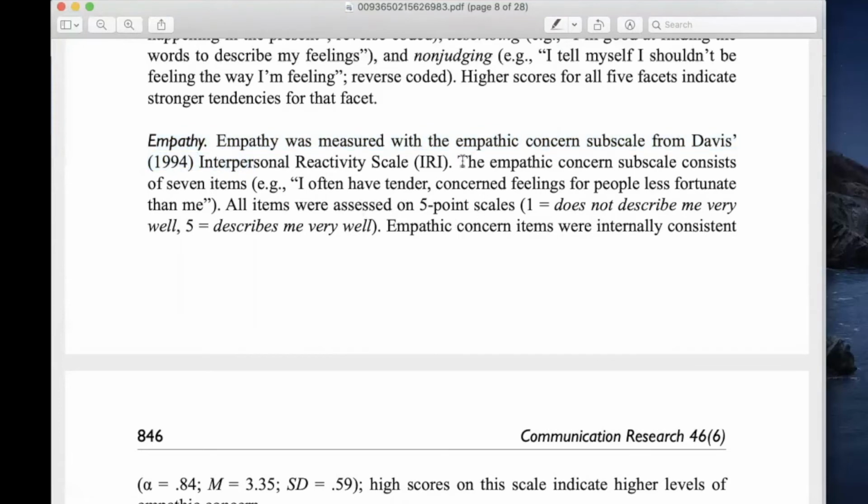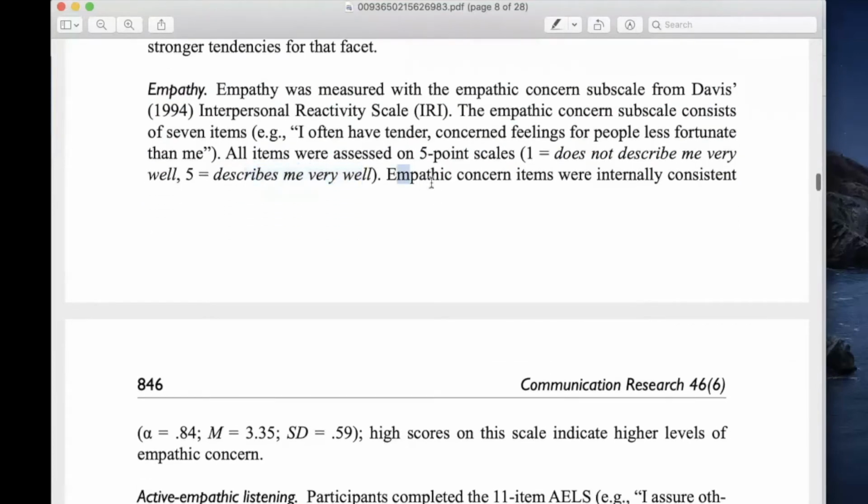Then it says how many items are in the scale. The empathetic concern subscale consists of 7 items. It gives an example of an item or two. And then it says all items were assessed on 5-point scales, and you list the anchors: 1, does not describe me very well, to 5, describes me very well. And then it says that empathetic concern items were internally consistent, and you have your alpha.